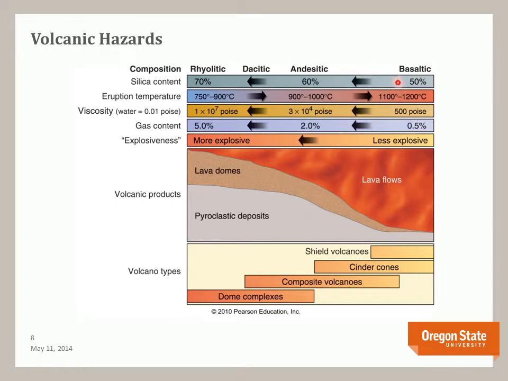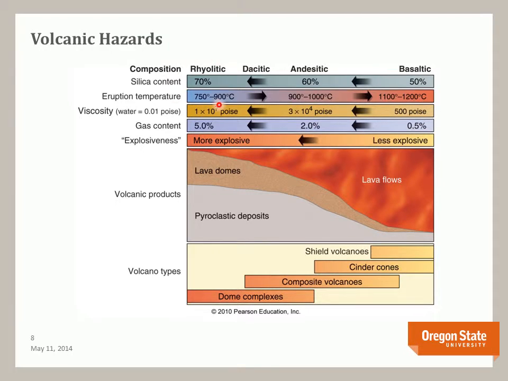Also, these two features, the silica content and the temperature, are associated with an increase in viscosity. So this is a very low viscosity. It flows easily. It's kind of like the maple syrup of melted rocks.